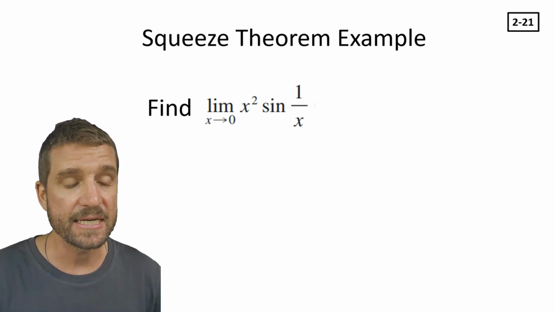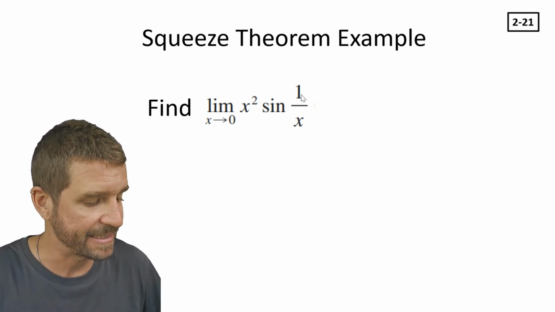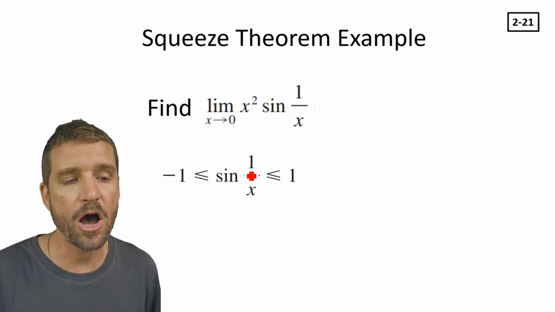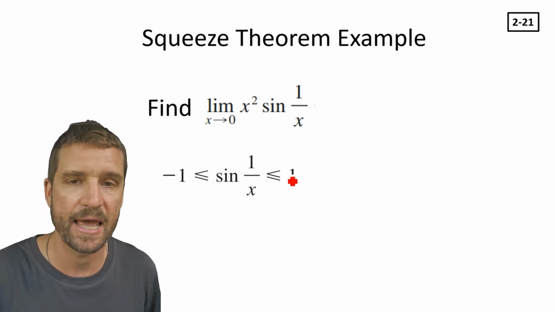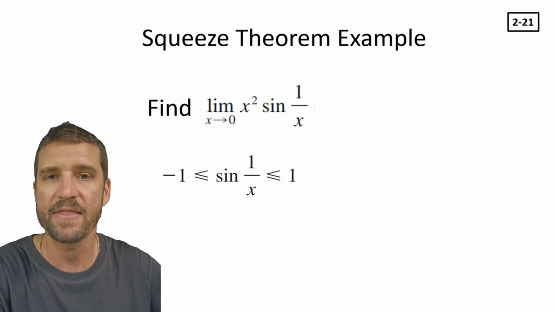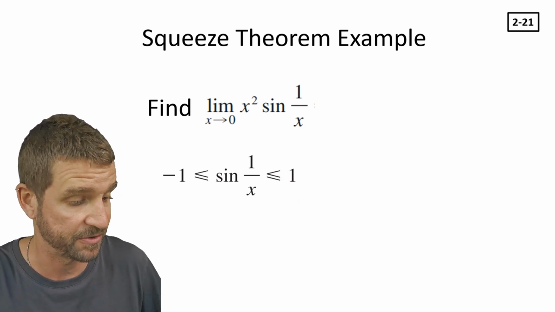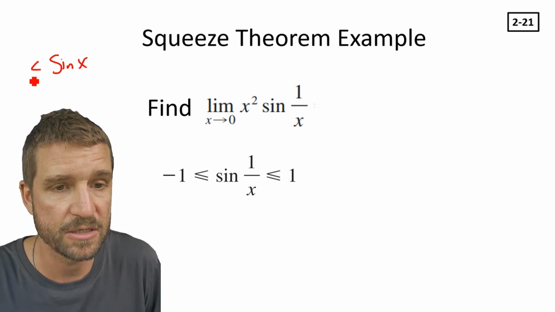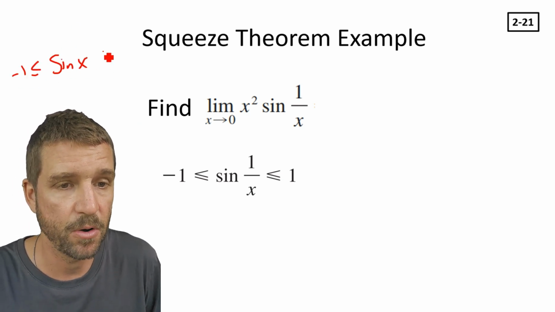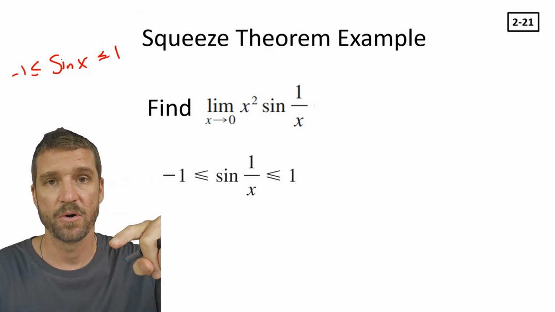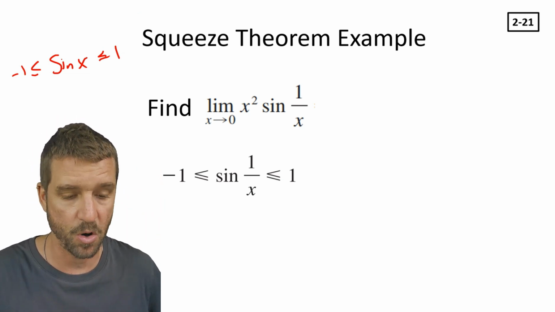Now, the way to do this is to realize that the graph of sine of 1 over x is always between -1 and 1, all right? Before I say that, I hope you agree that the graph of sine x is always between -1 and 1. It's just that wave function, where the bottom is -1 and the top is 1.